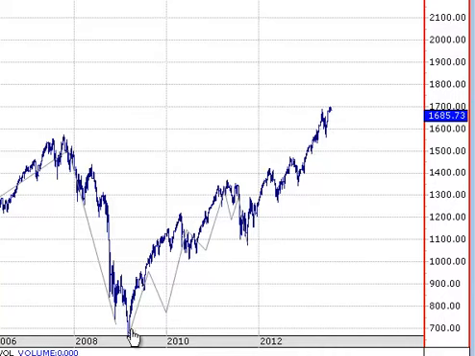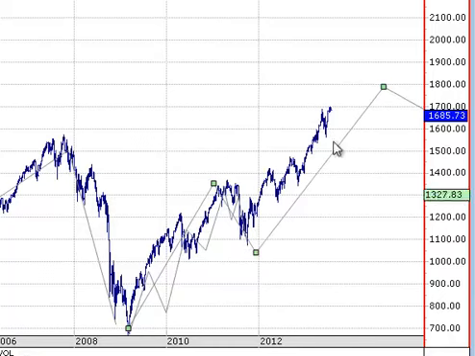So from this low here, this would give us wave 1 to here, and wave 2 back to here. And this wave 3 that we're going through now, as I just mentioned, we've got wave 1 coming up through here and wave 2 coming back, and wave 3 here, we're looking for the top of wave 3.